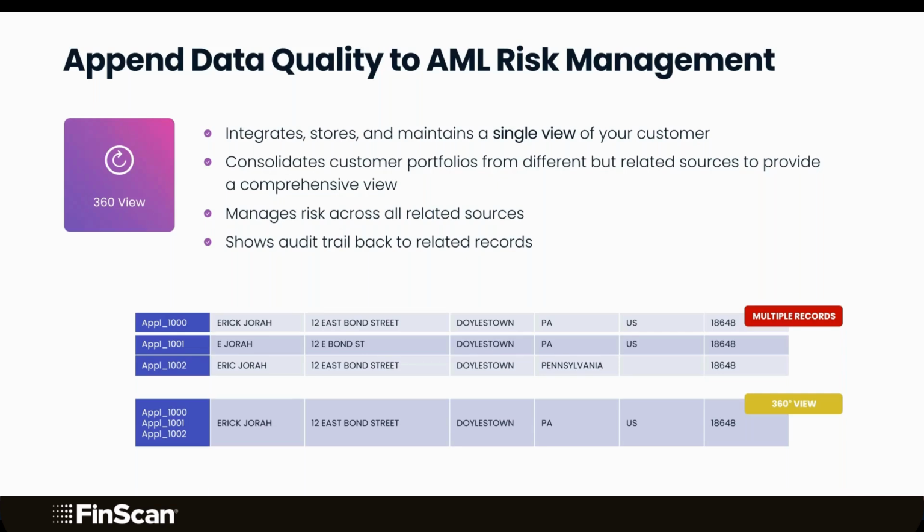Being able to prove that through an audit trail, a sort of evidentiary chain of custody of that data as it flows through your different cleaning processes and data consolidation processes is equally as important as actually getting that golden record in the first place. So that can help you achieve much better risk detection, but equally to help satisfy those audit points about proving where you got that data and what you did with it.